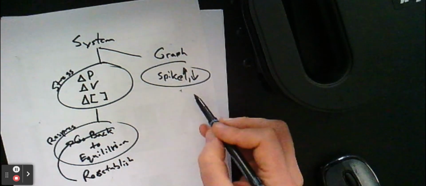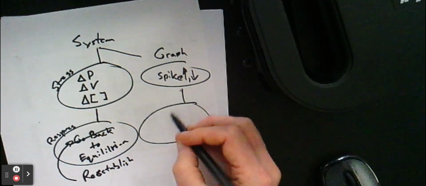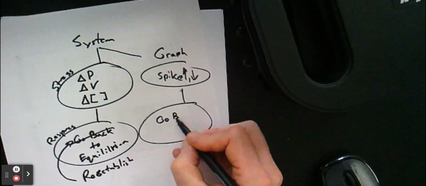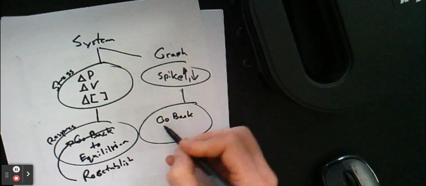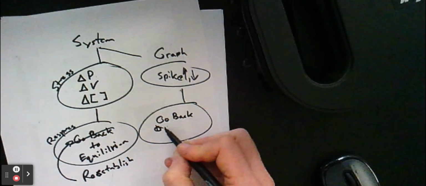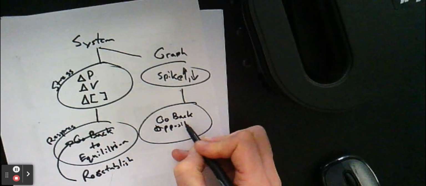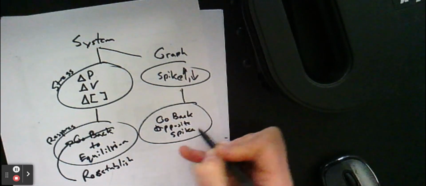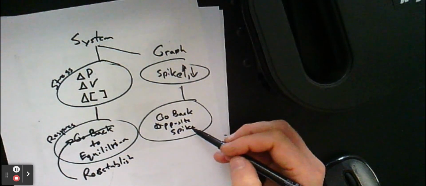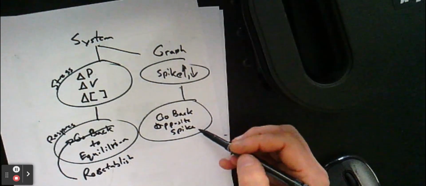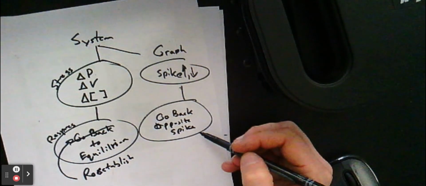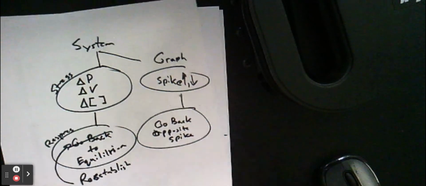It's going to re-establish equilibrium, and what the graph will do is go back, the opposite of the spike. It may not return to the actual value that it had originally, but it's going to go back. And I'll show you what I mean with an example.